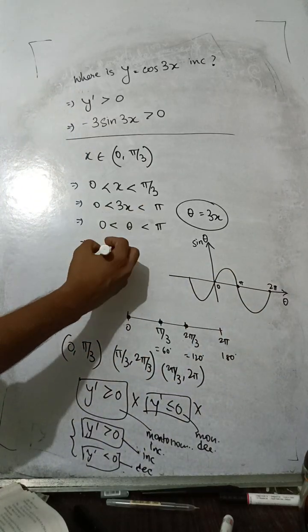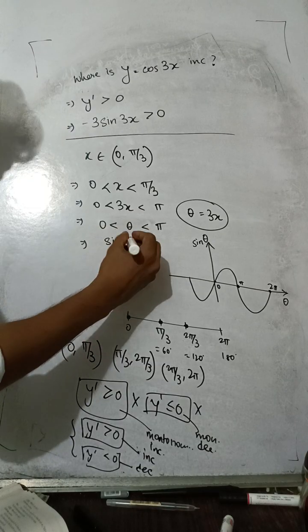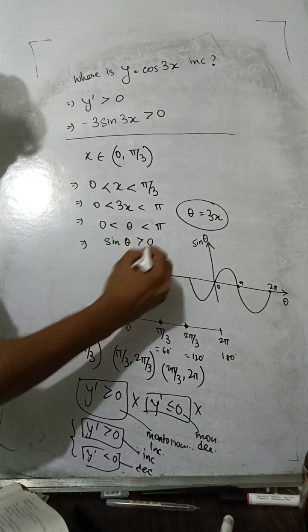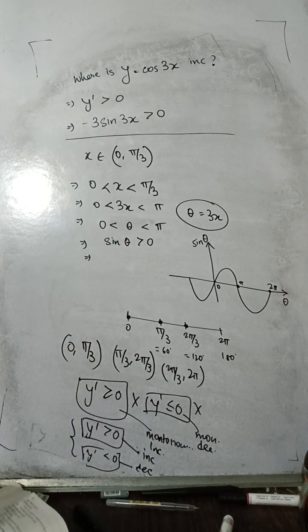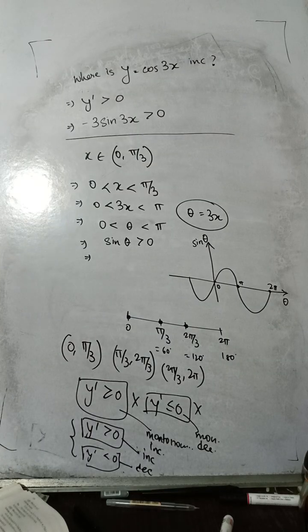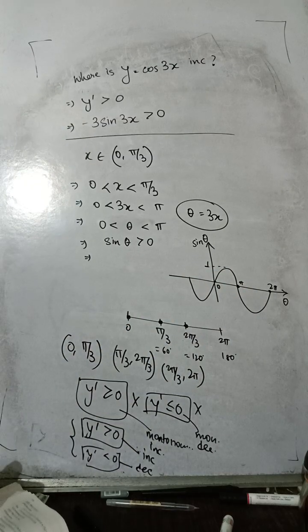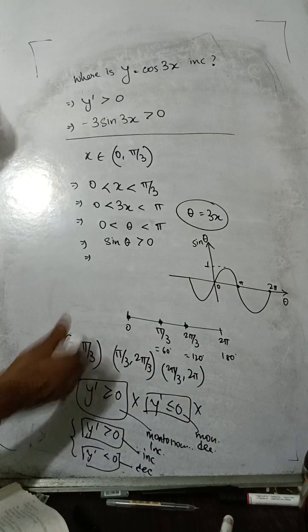So whenever theta is between 0 and pi, sine theta will be greater than 0. Obviously, right? Because at least it is 0 and at most it is 1. This value is 1. So sine theta is positive.